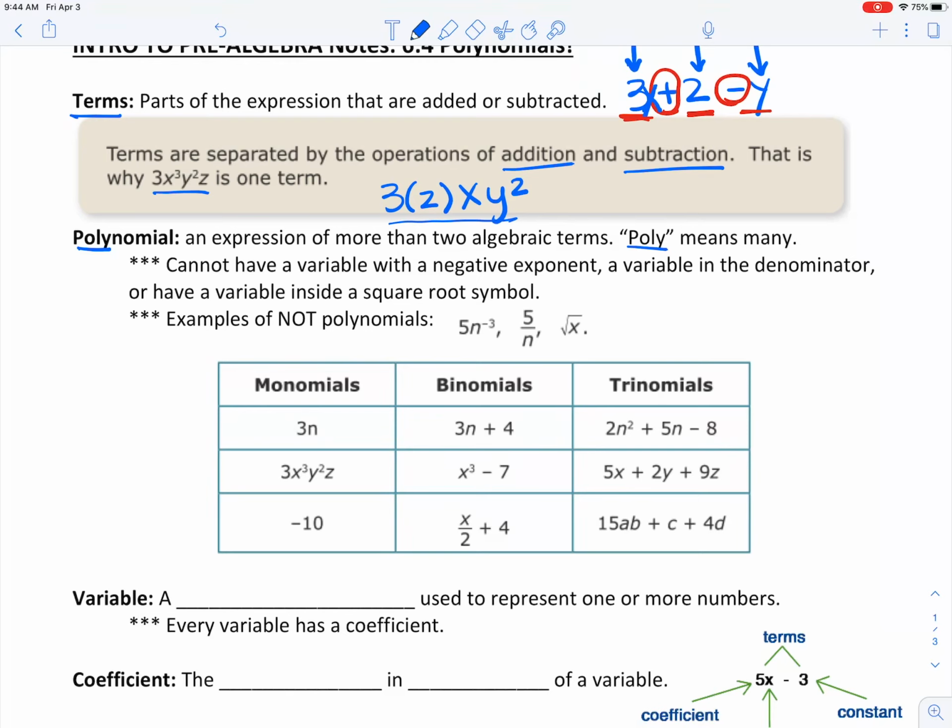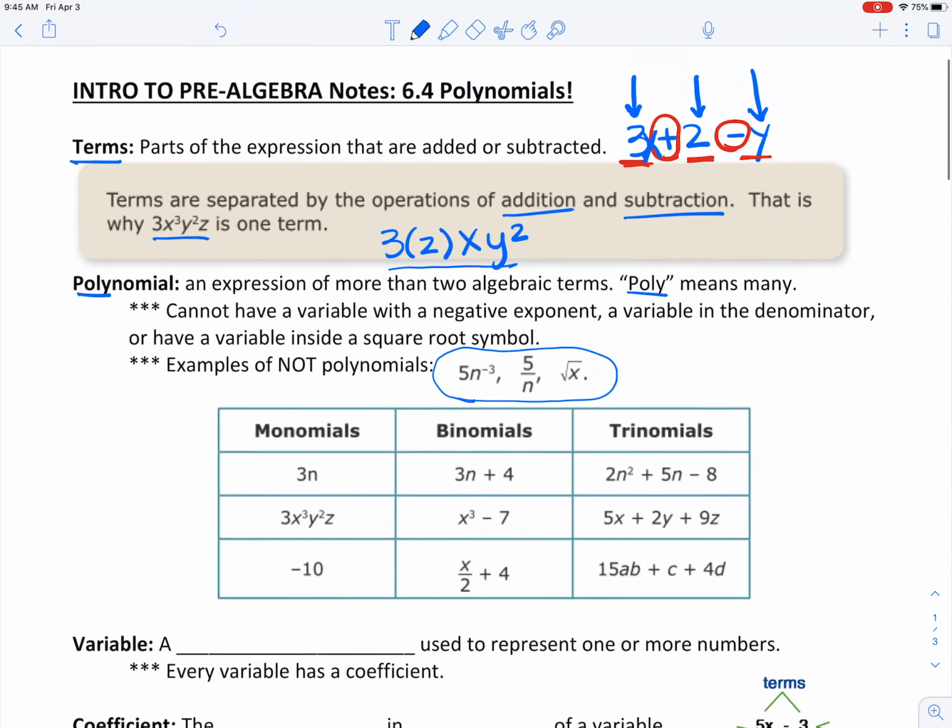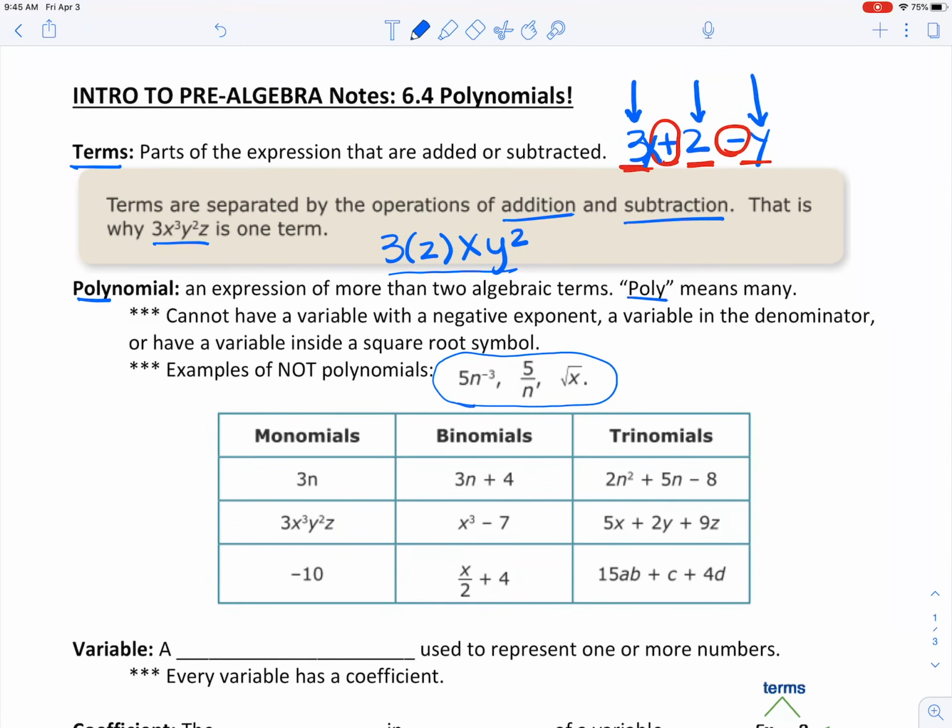So these are examples of things that are not polynomials right here. Okay, really what a polynomial is, if I'm looking at this example up at the top, there's an addition or subtraction sign. So it means that they have to have more than one term.